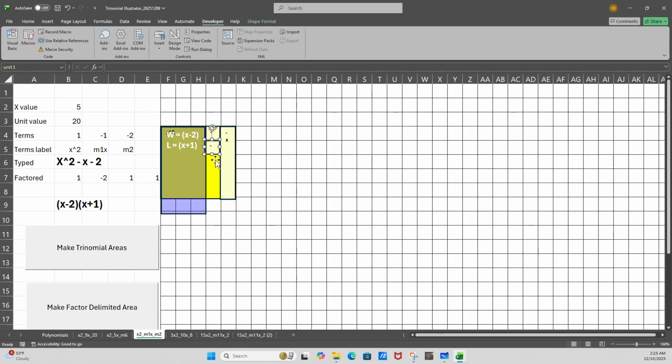Notice that this is like 3 units on the yellow part, and this is also 3 units. It still equalizes out to the same area.